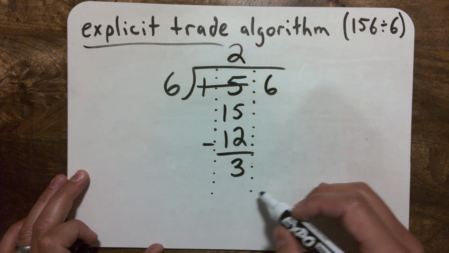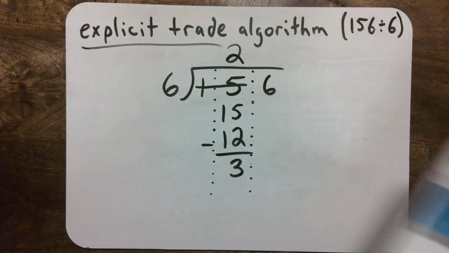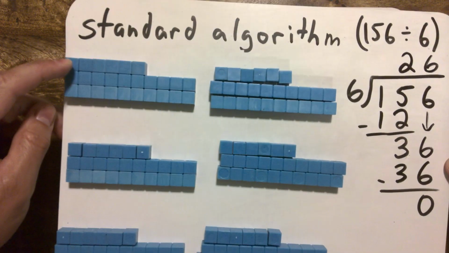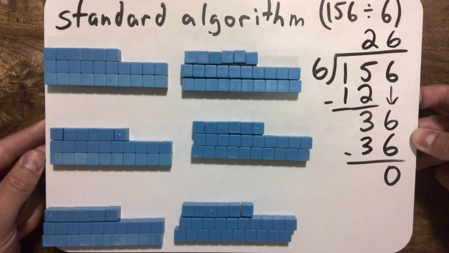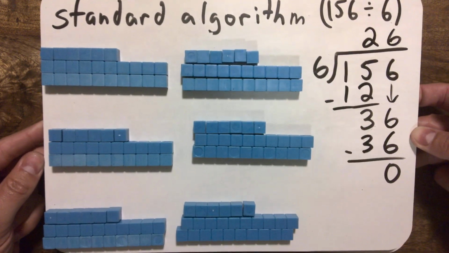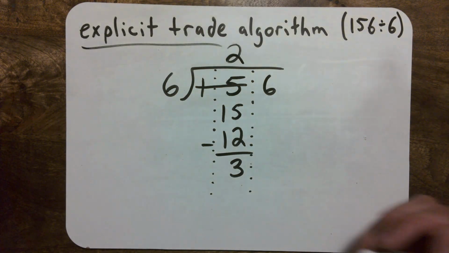For this next step, I had 3 tens remaining, and I have all these ones in this model. The next thing I did was I took those 3 tens and I ungrouped or regrouped those into 30 ones. And then I had an additional 6 ones.